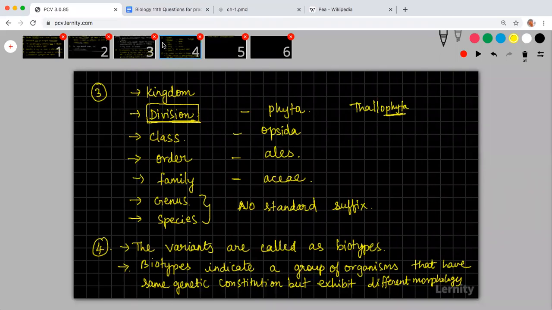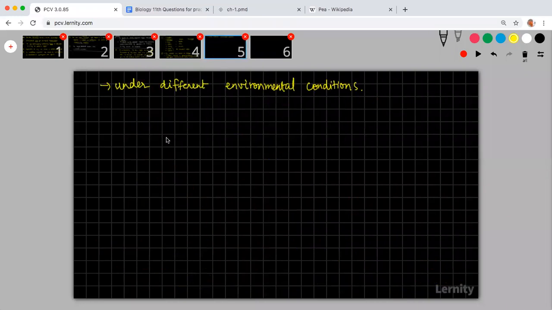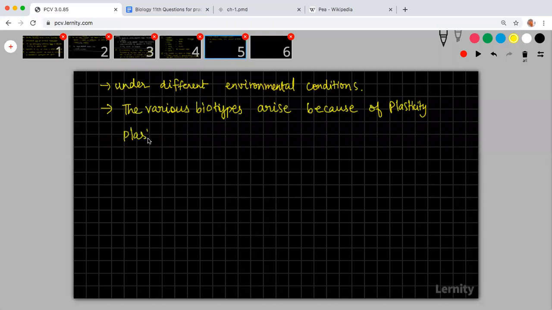Okay, they are naturally available. So you have to write one more thing. The various biotypes arise because of plasticity. Okay, what is plasticity? You should know.